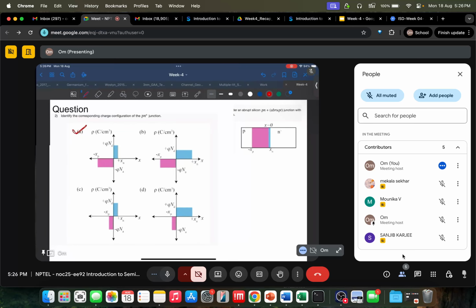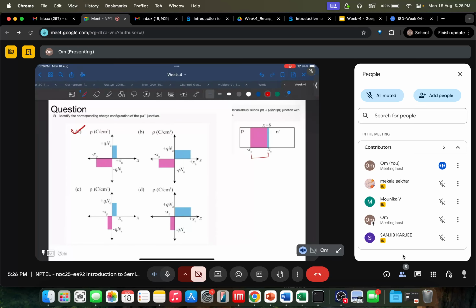Because we just saw here the charge extends to a larger extent and here it is very small. So option A.